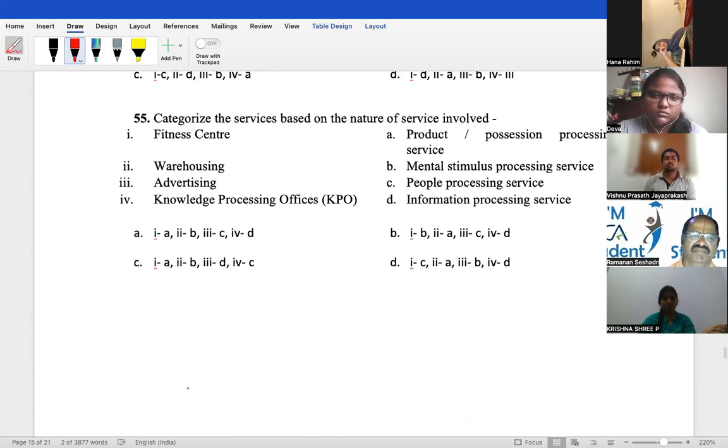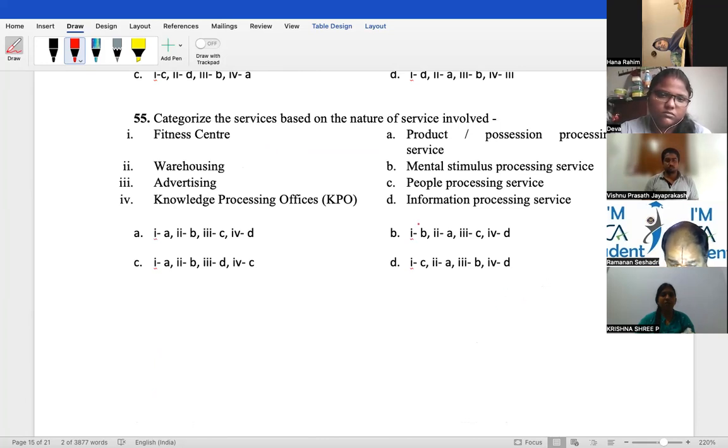Next. Categorize the services based on the nature of service involved. Fitness center, warehousing, advertising, knowledge processing offices. Match it with product or possession processing service, mental stimulus processing service, people processing service, information processing service. Okay.